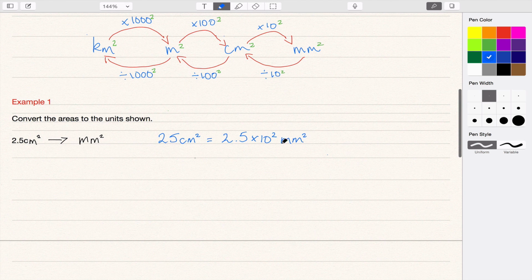Now the units is just square millimeters. We don't need to square again. You don't need to square this number again.